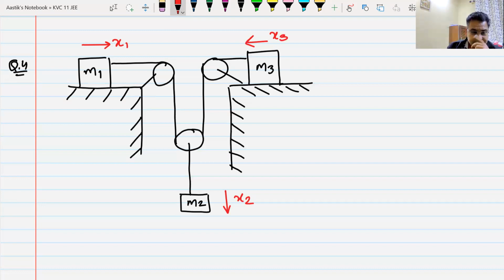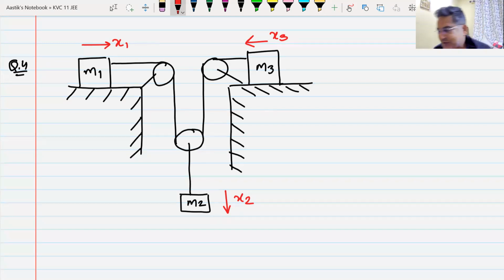You have 2 minutes to solve this. First of all, tell me the constraint relation. Sir, x1 plus x3 is equal to 2x2.